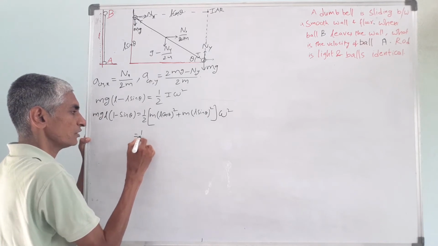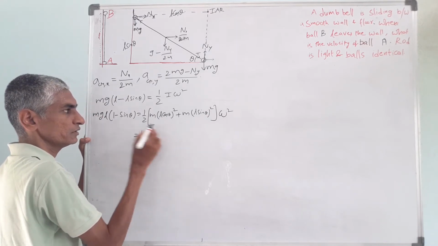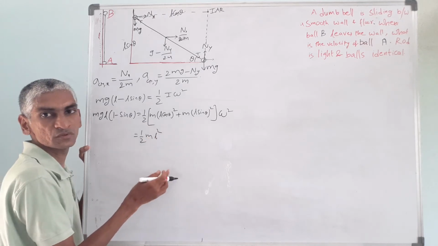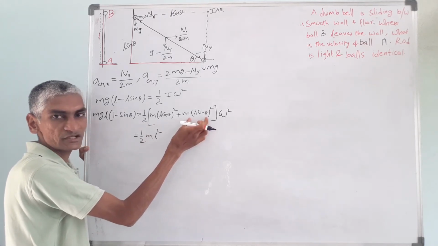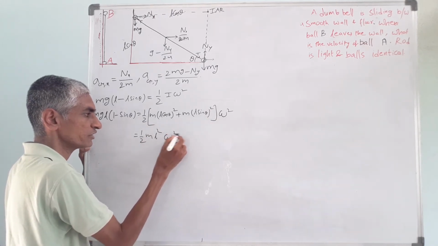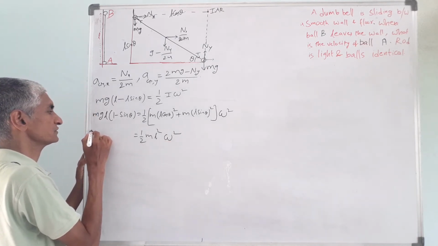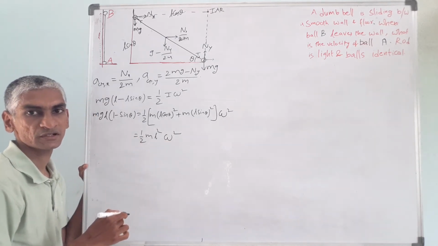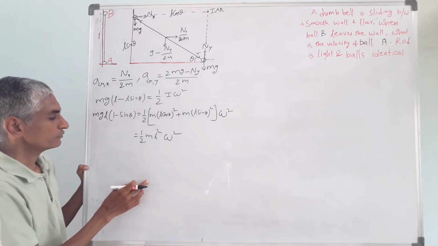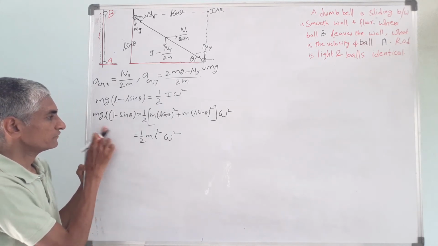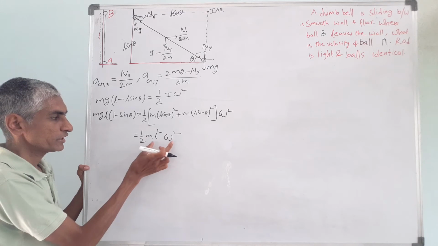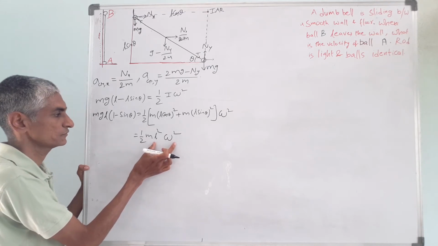So this is half mL square I am taking out. Cos square theta plus sin square theta is 1. So half mL square into omega square is mgL into 1 minus sin theta. So now by cancelling m and L from both sides, you will get the L omega square value.